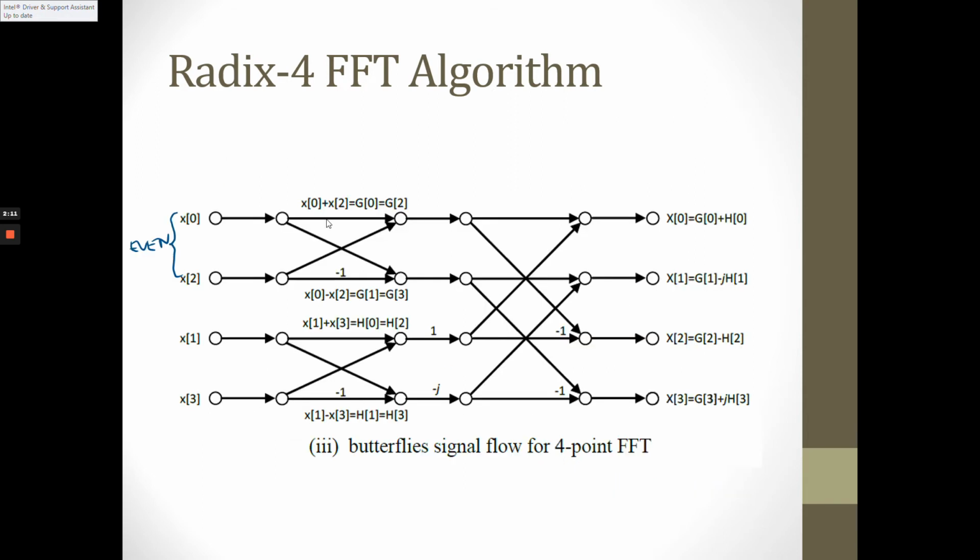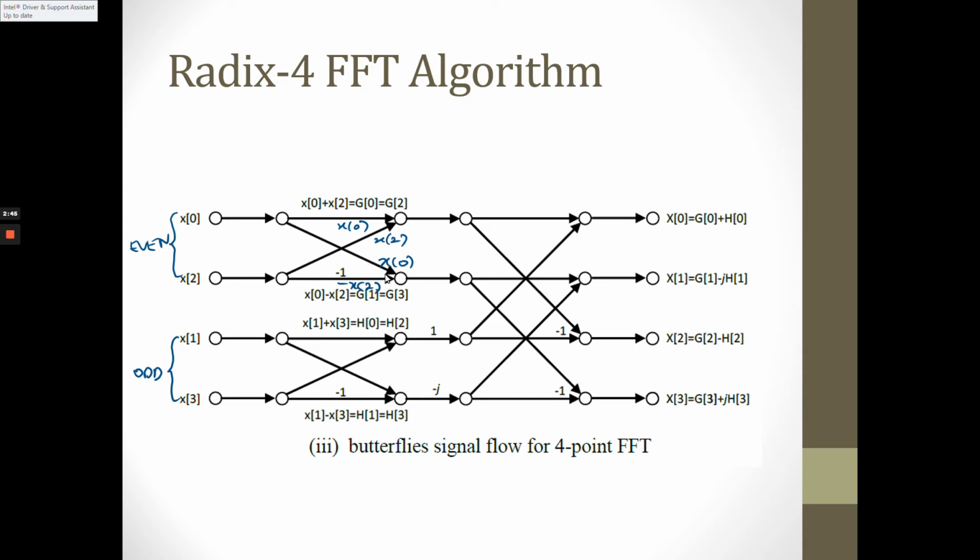So the next one, we start the butterfly signal flow graph. This represents the even function, and this is for the odd function. Based on this part, this is x0 plus x2, so x0 plus x2 is equal to g0, and this is equal to g2.